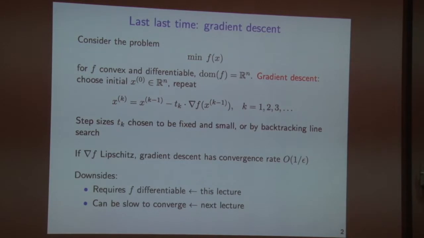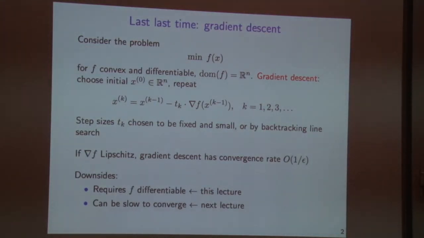Remember, the lecture before, the one that Mattia gave, Mattia covered gradient descent, which was an algorithm for minimizing a smooth convex function without constraints. We assumed that this function has domain all of R^n.